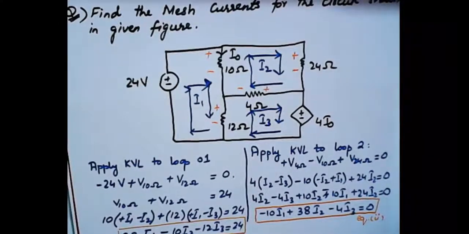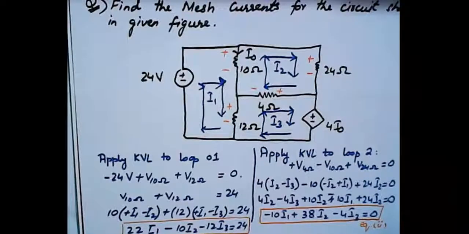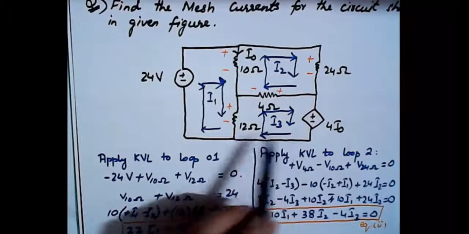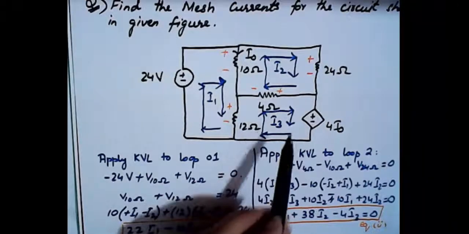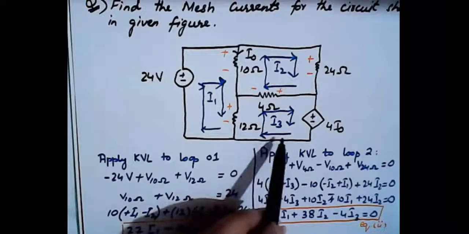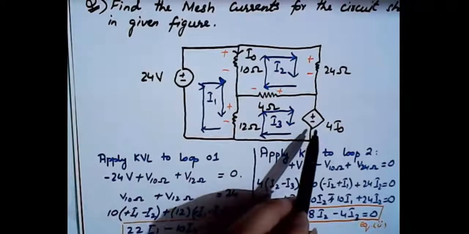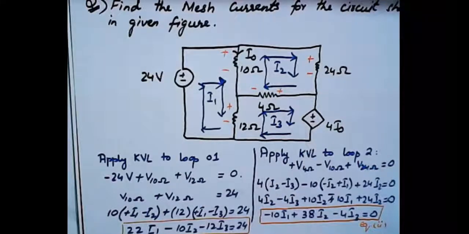So now we need to apply KVL to find equation number 3 with the help of loop number 3. Here is equation number 3. You can see that here we have 2 resistances and a dependent source, right? So let's start by applying.